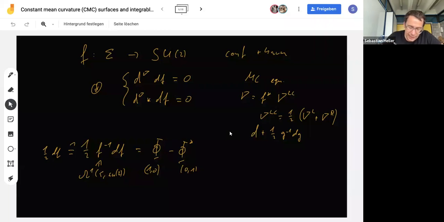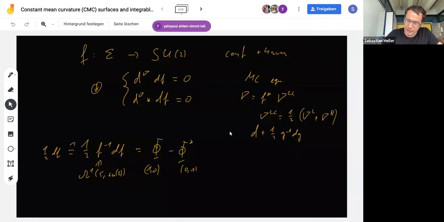Likewise, nabla minus phi plus phi star, in our notation, is D plus 1/2 f inverse df minus 1/2 f inverse df. So it's just D. It's also a trivial connection, meaning that we have a global frame of parallel sections of this bundle with respect to this connection.